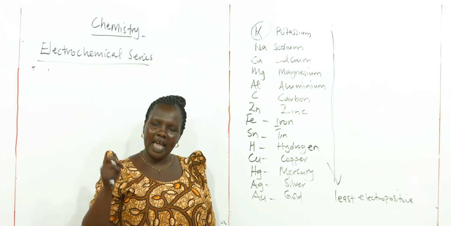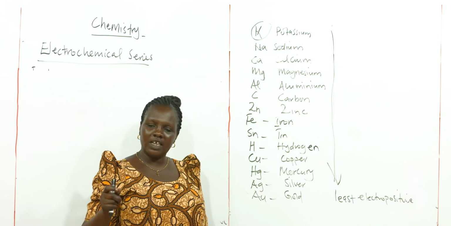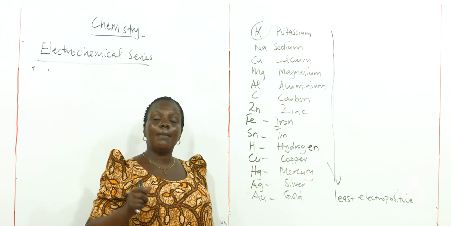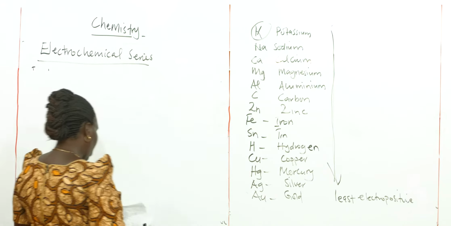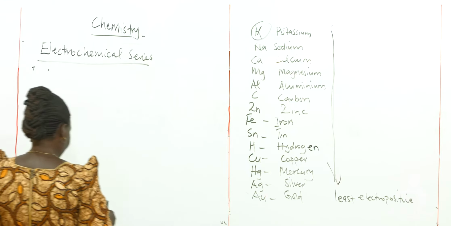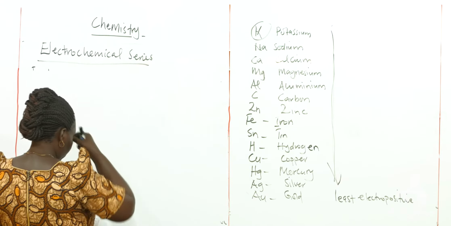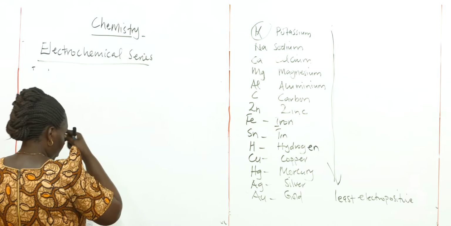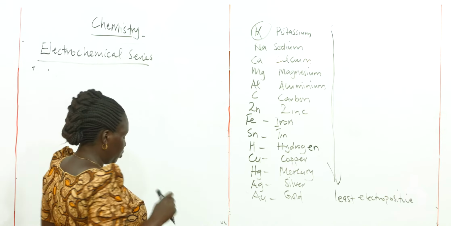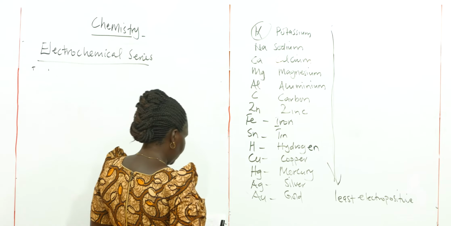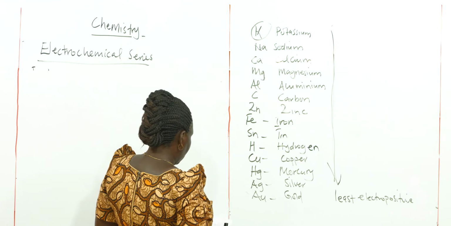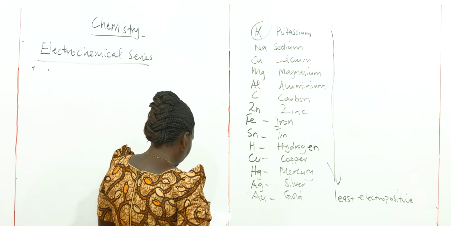So when they gain electrons in their outermost energy level, they become electronegative. Before we go to non-metals, let us consider the reaction.